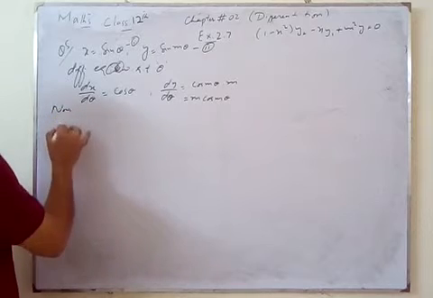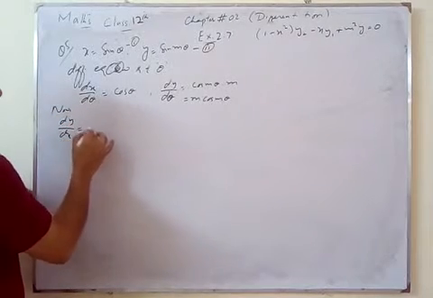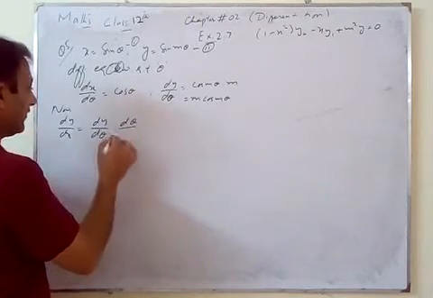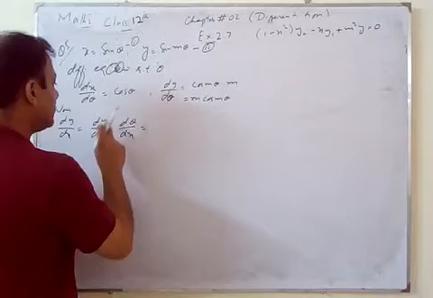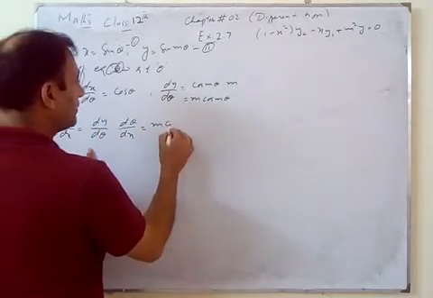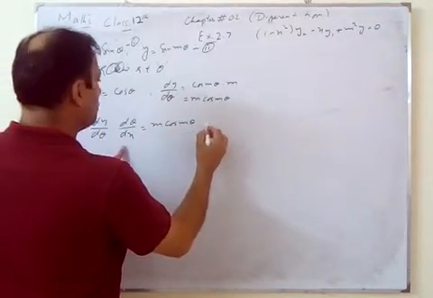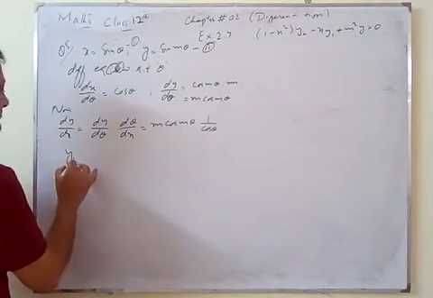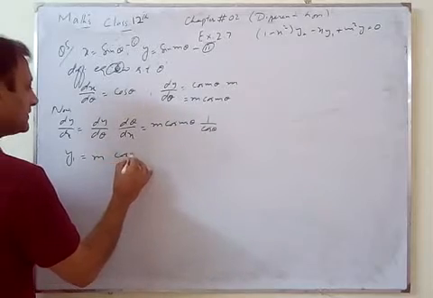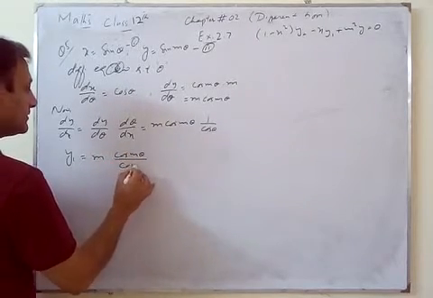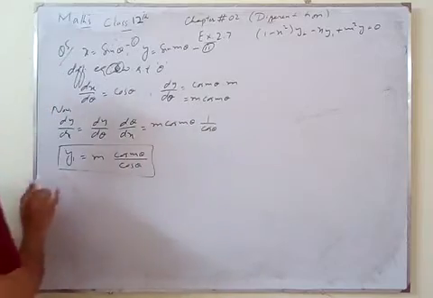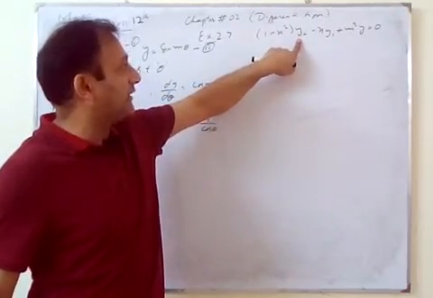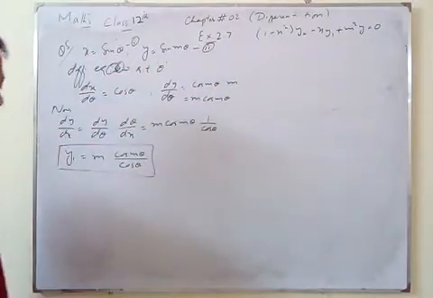Now dy by dx is dy by d theta into d theta by dx, that is m cos m theta into 1 by cos theta. So y1 is equal to m cos m theta divided by cos theta. Since y2 is involved in the question to be proved, we have to find y2 as well.